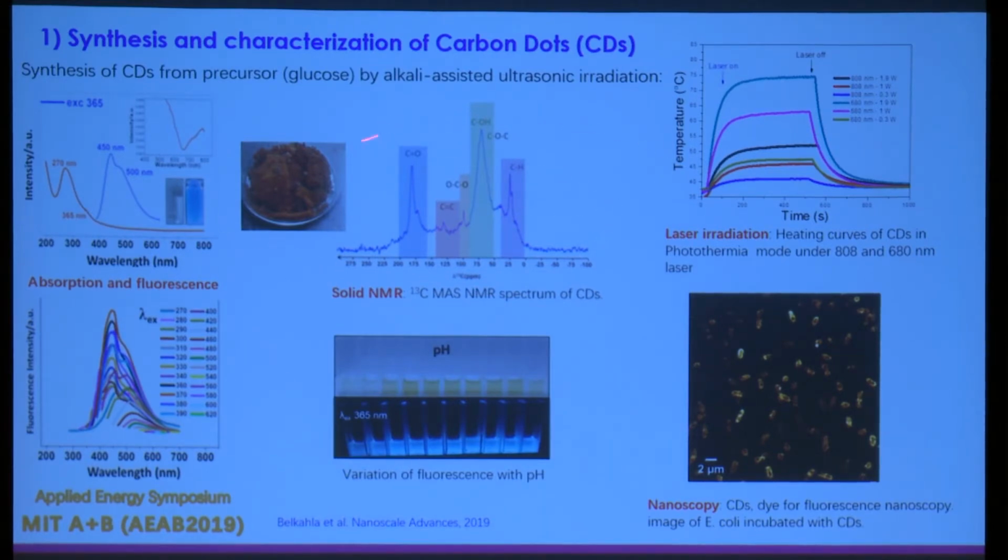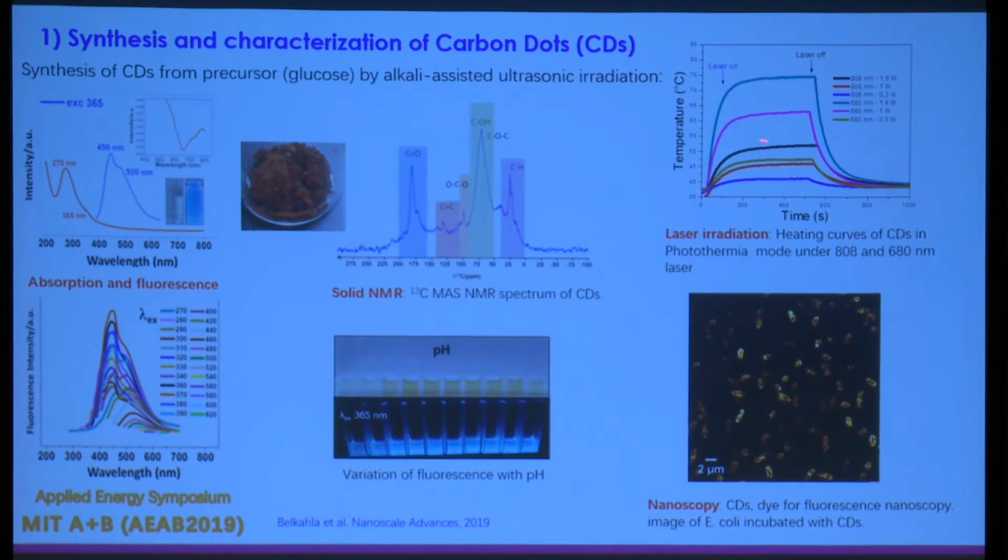But one important thing is that we analyzed the photothermal property of the carbon dots. As you can see here, by means of visible and near-infrared radiation, we observe an increase of the temperature.